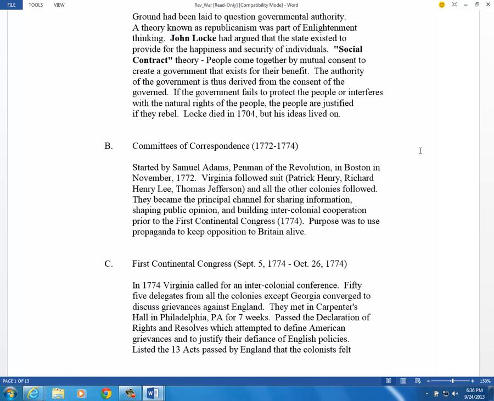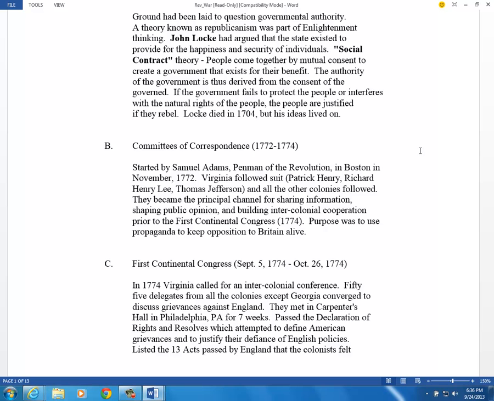Okay, how about thinking of a new government, how the new government was going to work? Okay, that's key to a lot of this, right? Because as was said before, the American people, and when I say the American people, remember, it's not everybody.